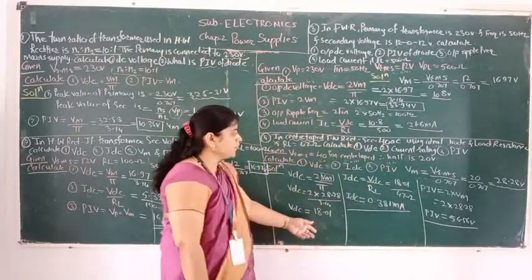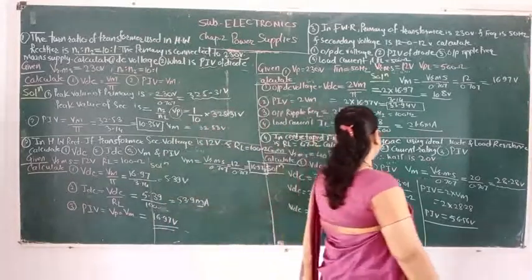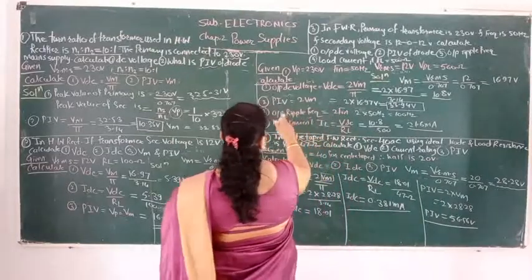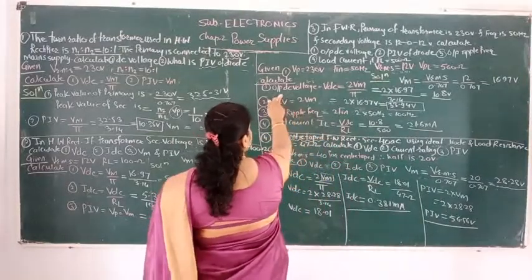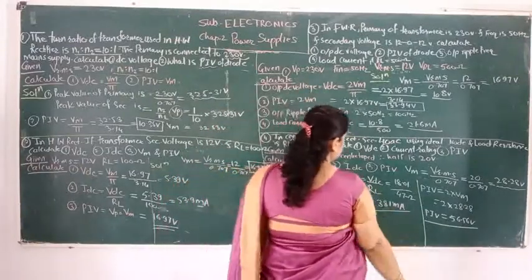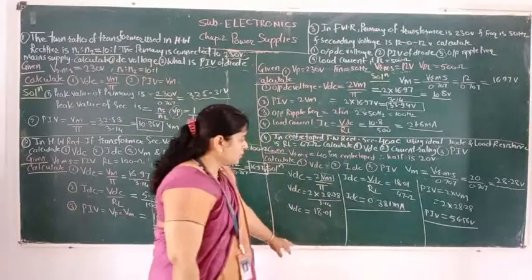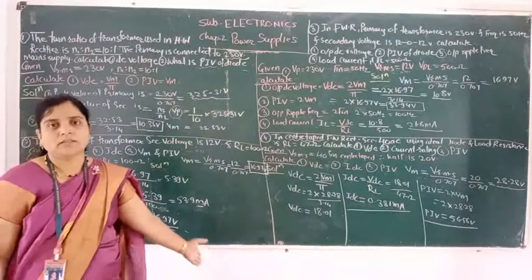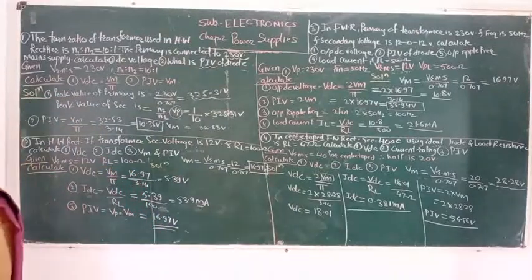Try to solve at home and you will get the answer of these values. So this is 2 Vm, this is the output ripple frequency, this is the output voltage VDC, and everything is given here. Okay, try to solve at home. Take one photo so that you can solve it yourself at home.